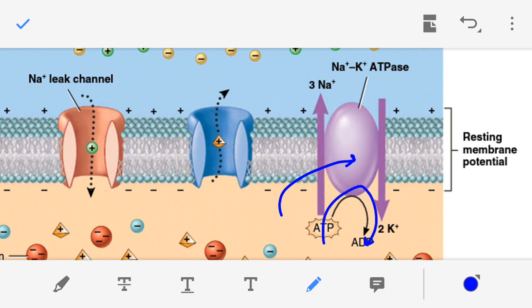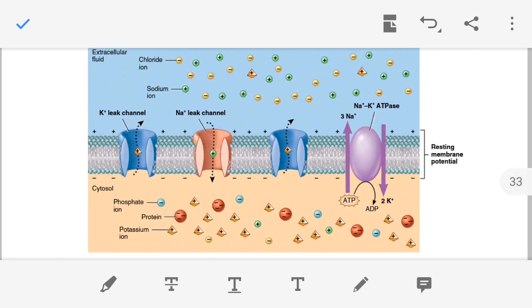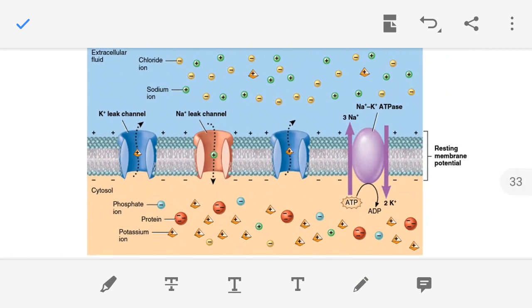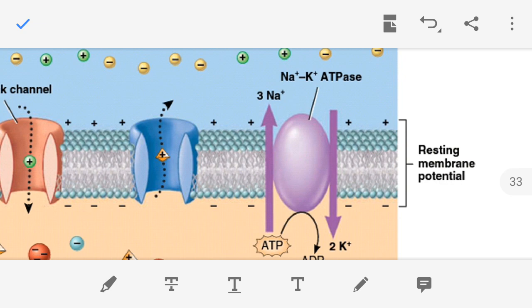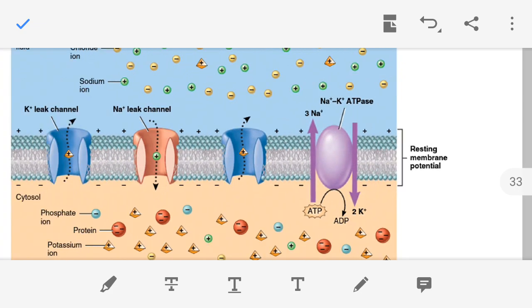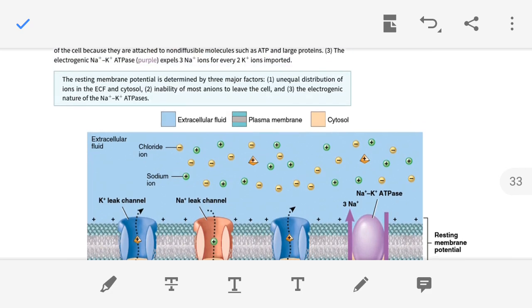ATP is converted into ADP and provides energy for this active transport of Na+ and K+.